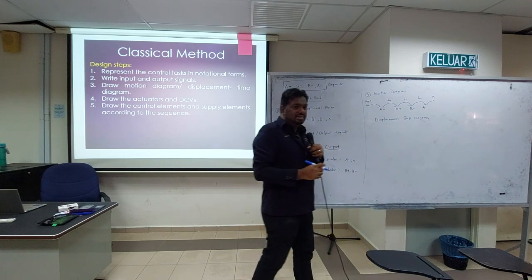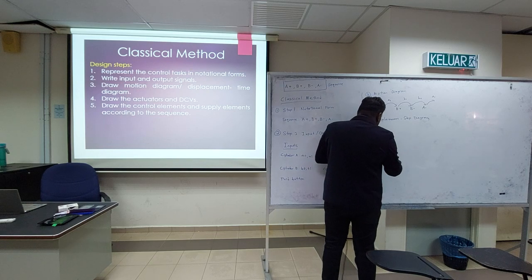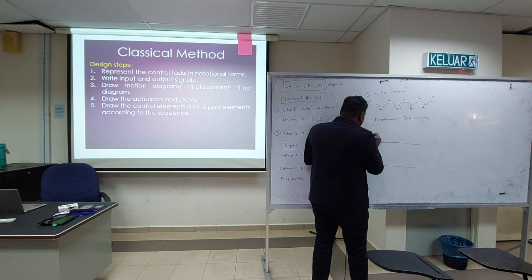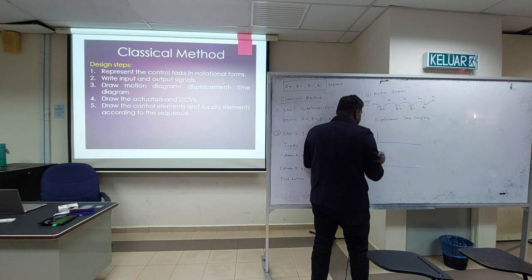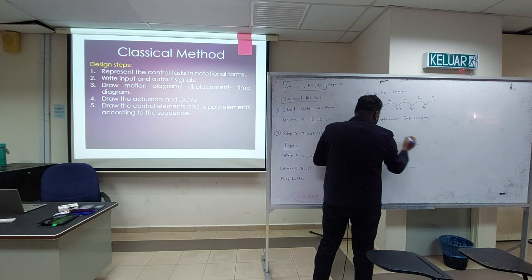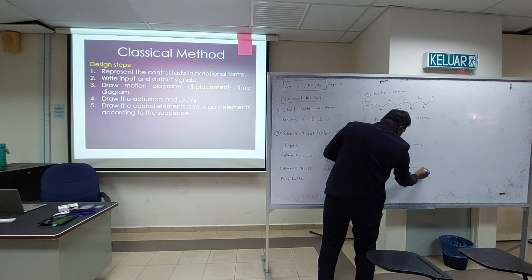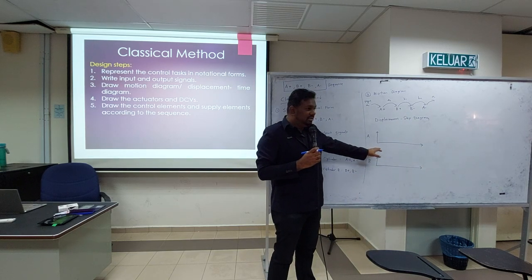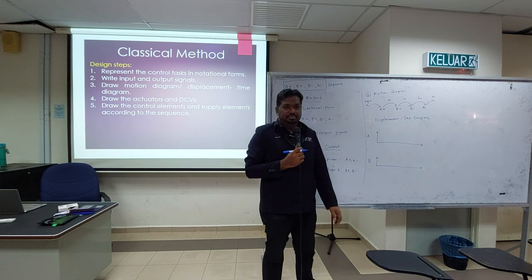Okay, so first, what do you draw? Draw two axes. This is A, this is B. If the question asks for three cylinders, you draw three axes.